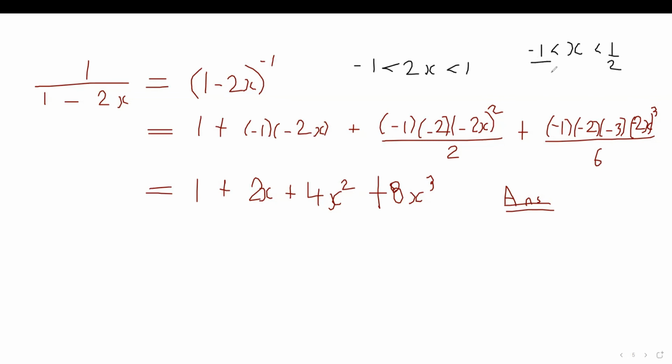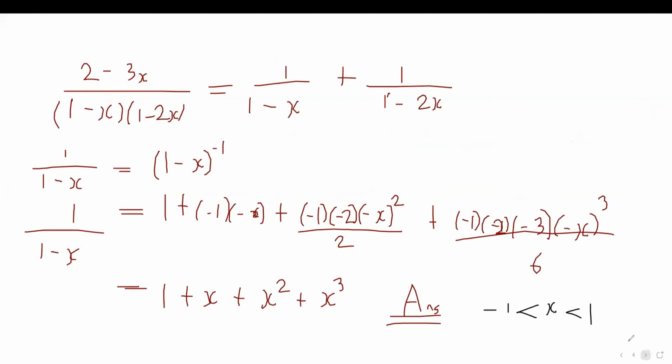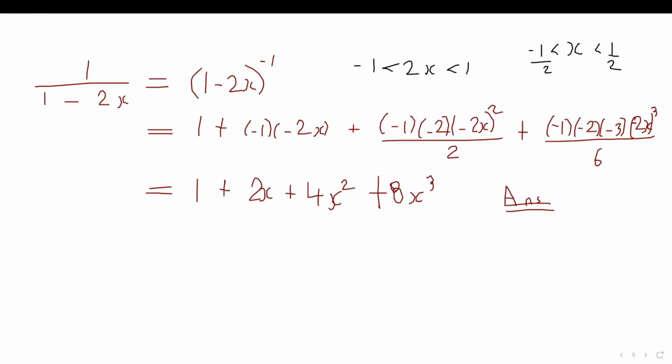So combining the two solutions, hence a series expansion for the expression 2 minus 3x over 1 minus x times 1 minus 2x is only going to be valid when x is between 1/2 and minus 1/2.